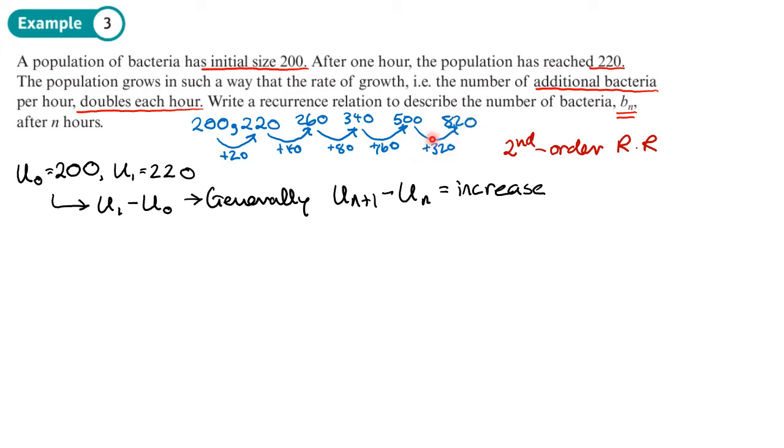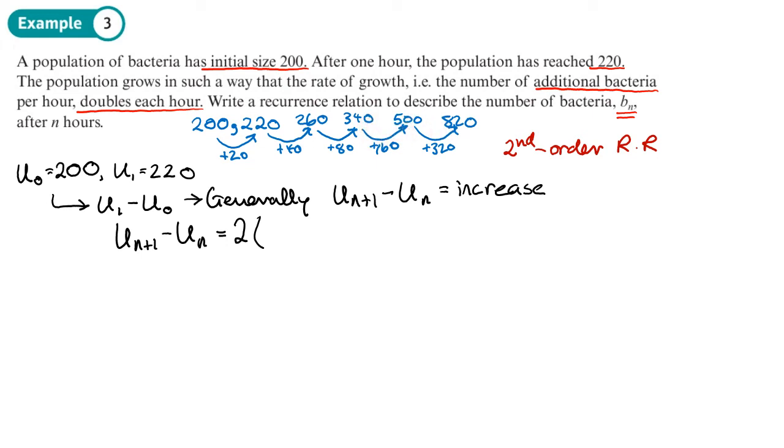That increase for any two terms is going to be double the previous increase. So the increase between these two general terms is going to be equal to double the increase of the last two.